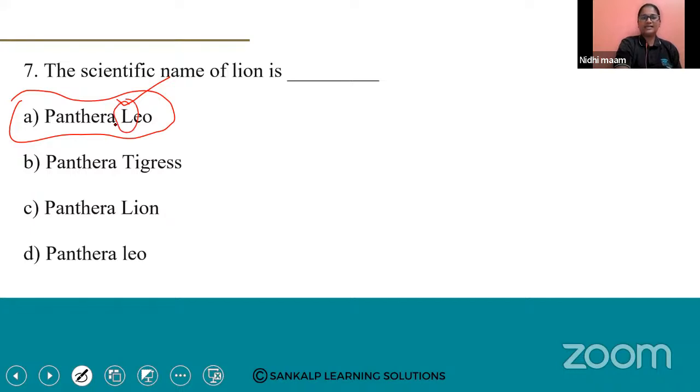In it, the species name is written with a capital letter, an uppercase letter. So this is not considered a scientific name. Panthera tigris will not come. Panthera lion is not correct because this is a common name. Panthera leo, see here, the genus name starts with uppercase, the species name starts with lowercase. So option D, Panthera leo, is the right answer. Only few of you confused it. Please go through the options correctly, observe it and then answer. Right? So it is not A, it is option D.